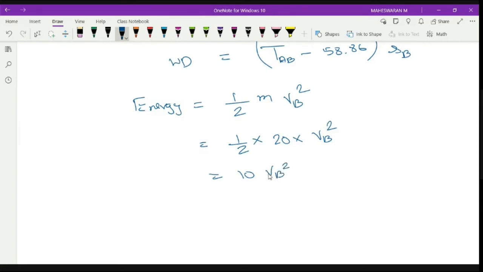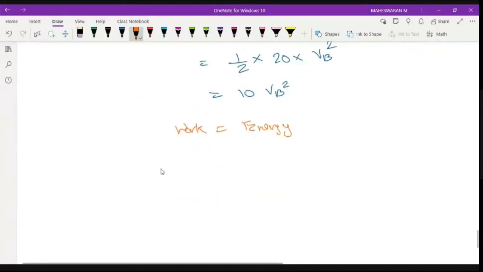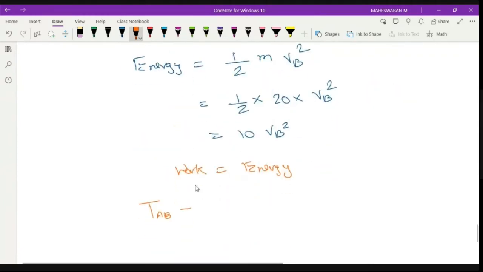So you are getting 10 VB square. In that case, I can again equate it. So work is equal to energy, which means TAB minus 58.86 into SB is equal to 10 VB square. So this is my equation 3.